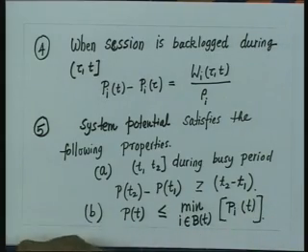So the system potential is always maintained below, less than or equal to, the session potential of the backlogged sessions. This is what we had seen: it is equal to the potential of the backlogged sessions in the fluid flow version of the fair queuing algorithms, or in the GPS, generalized processor sharing algorithms.